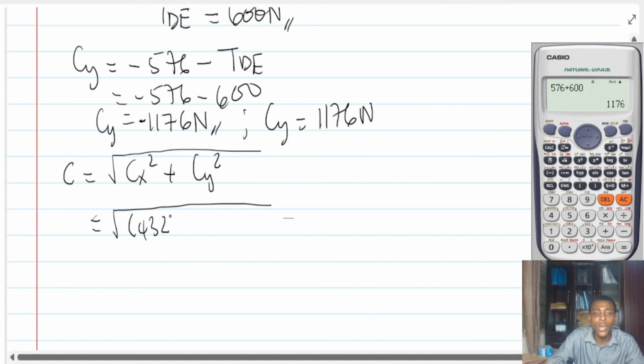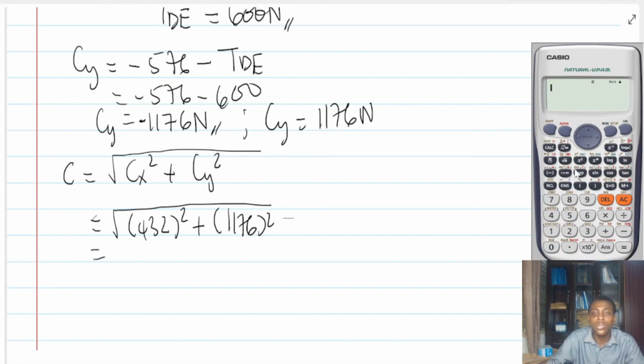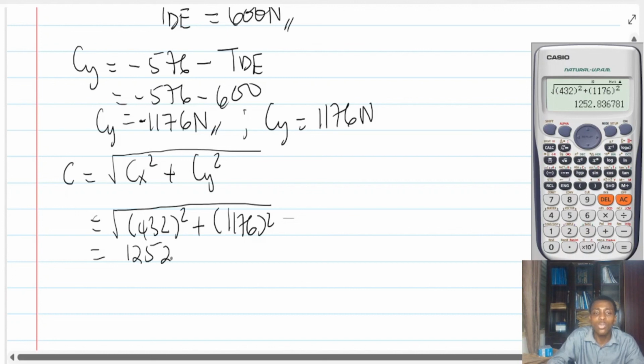So the square root of 432 squared plus 1176 squared. That gives us 1252.84 newtons. So that is the magnitude of the reaction at C.